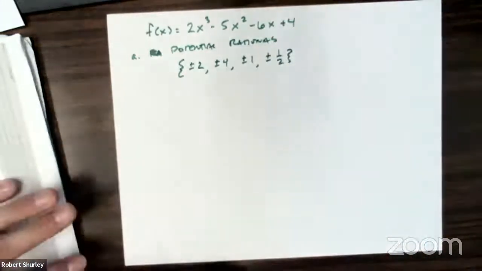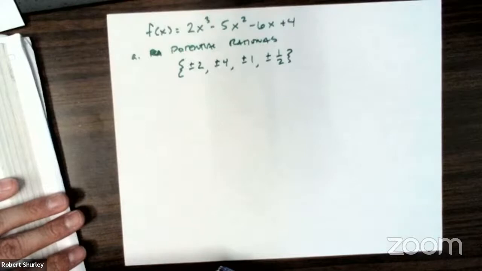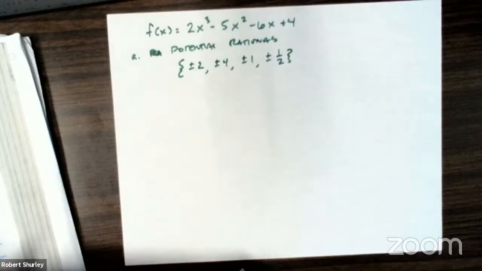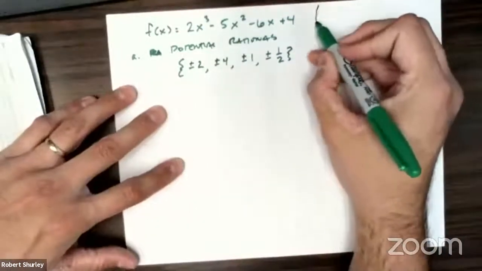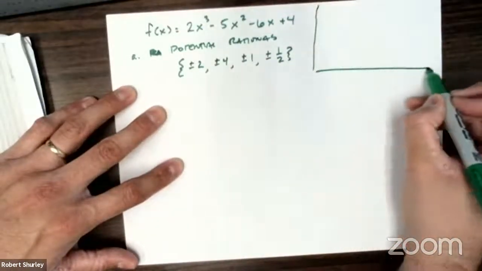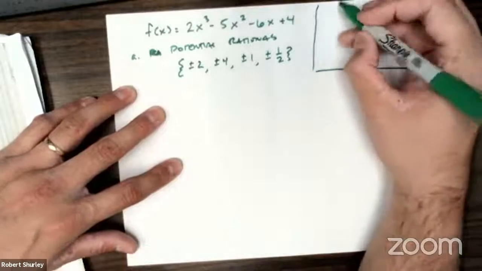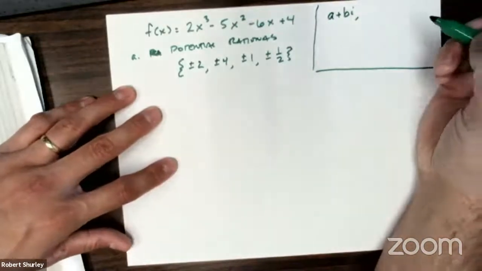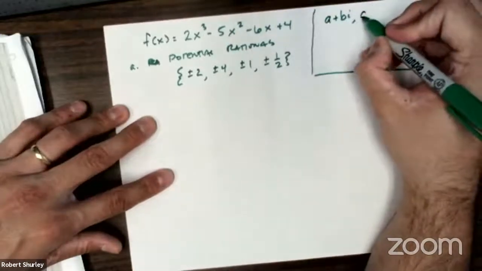Okay, so a few things before we get started. It turns out if we have irrational zeros, they always occur as a pair. I'm going to write this over here. This is important for other stuff that we're going to do. So if we have complex zeros, like a plus bi, they'll always occur as conjugates, so a minus bi.